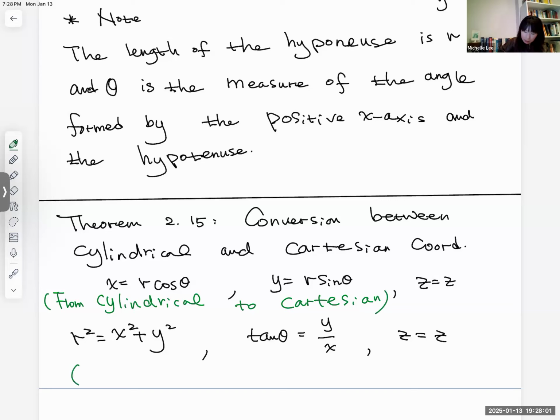And this is from Cartesian to cylindrical, right?